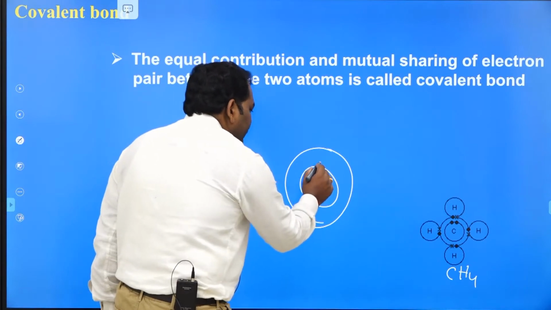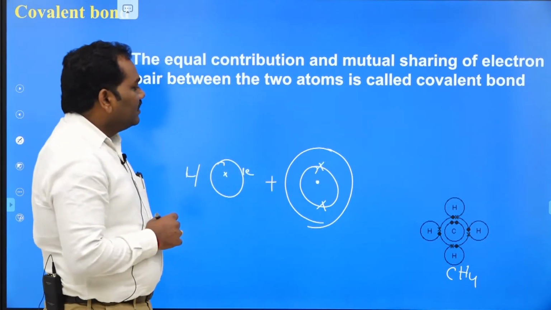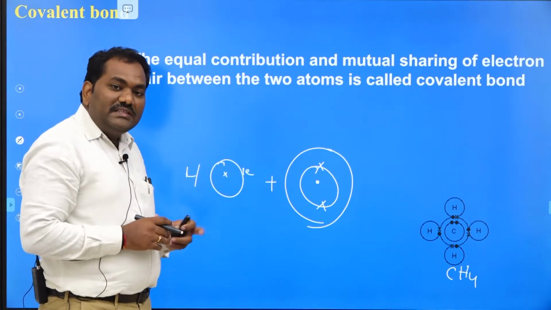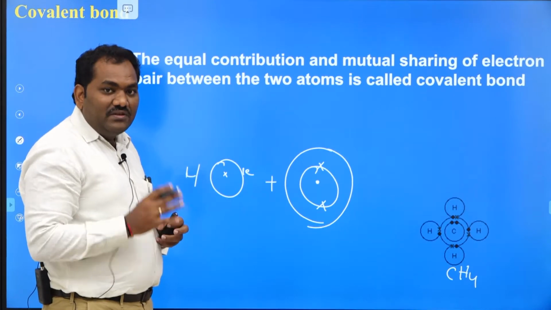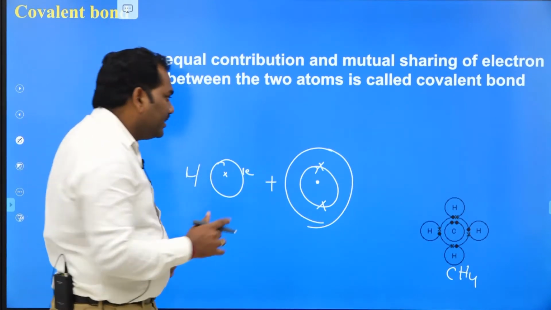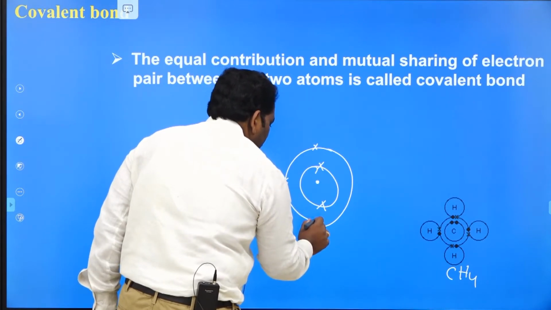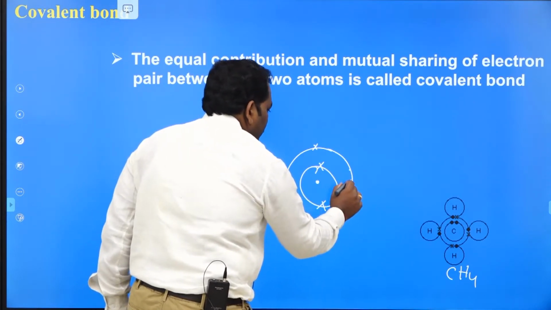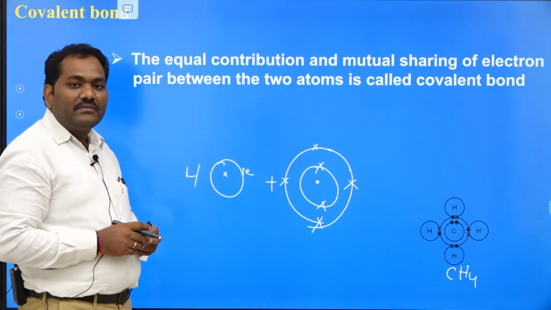In the first orbit carbon contains 2 electrons. The second orbit is called the valency orbit. In this orbit the carbon contains 4 electrons. These are the 4 valency electrons.